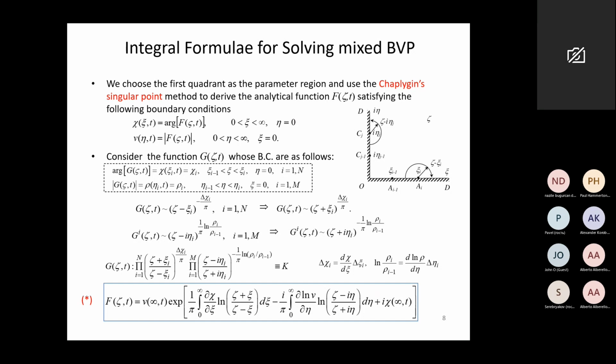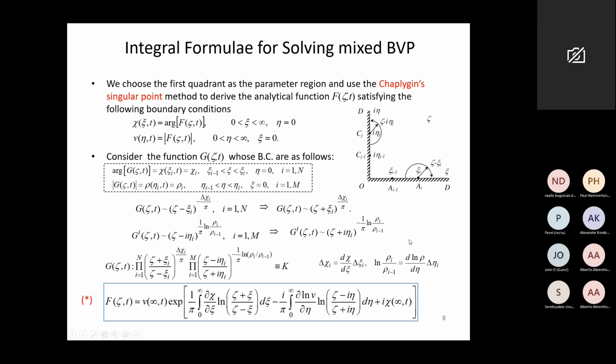So now we extend the Chaplygin special point method for an arbitrary shaped body, and also for unsteady problems, and problems in which the velocity magnitude on the free surface is not constant, like gravity flow, unsteady flow, and so on.